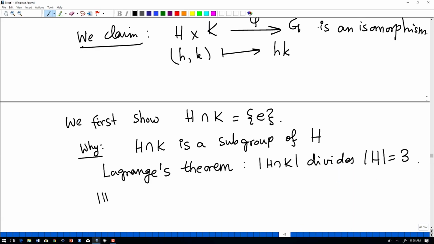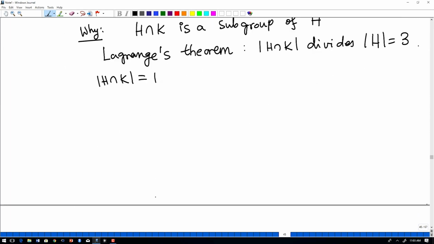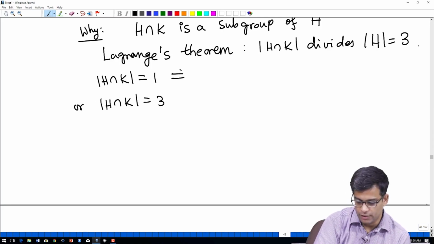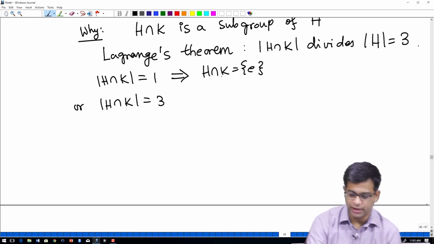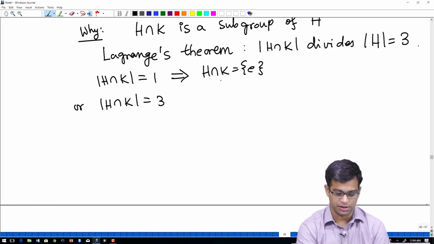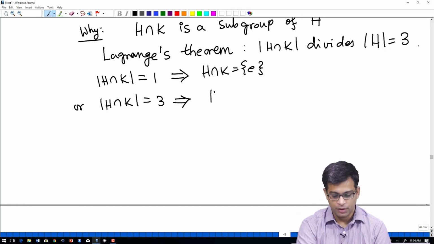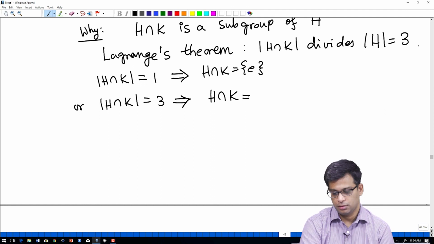So, in other words, the order of H intersection K is 1 or 3. If it is 1, H intersection K must be the identity, because the identity is certainly in H and K, so it is in the intersection.